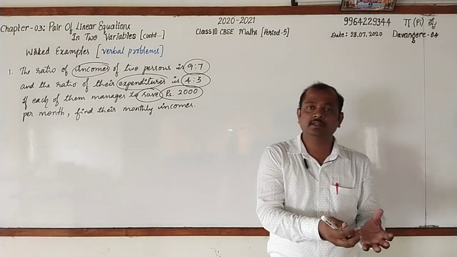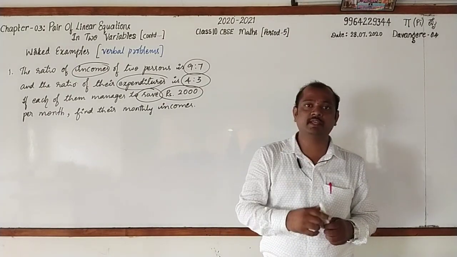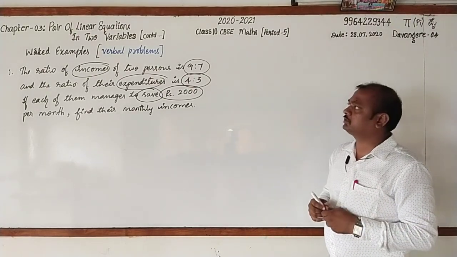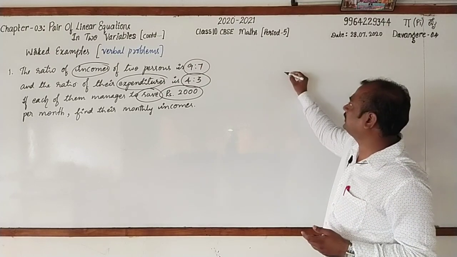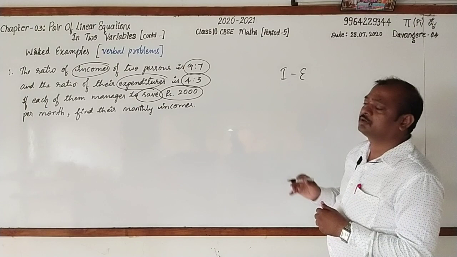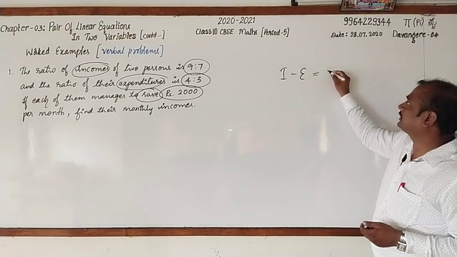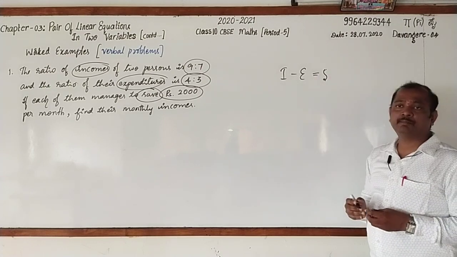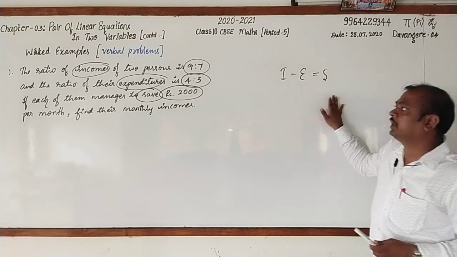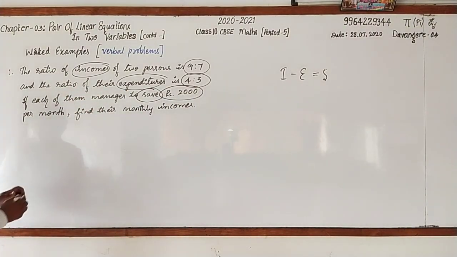At last, they will have some extra amount, that is called savings. Right? Then could you tell the relationship among these? In general, we can write income. And you'll go for using some amount from that. And whatever the amount will remain, that is savings. Income minus expenditure is equal to savings. Right?